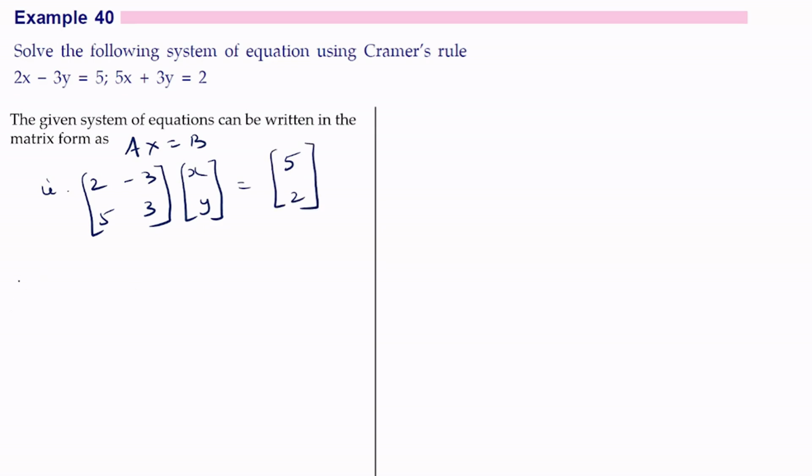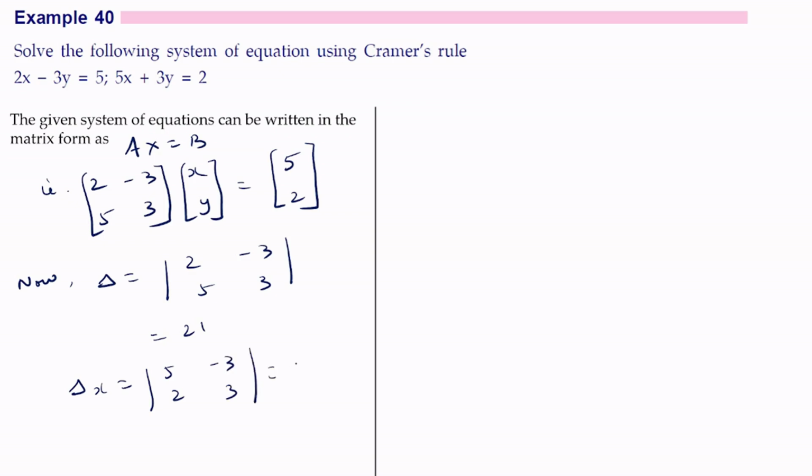Now let us find delta, delta x and delta y. Delta is the determinant of 2, minus 3, 5, 3. So it is 6 plus 15, which is 21. For delta x, we have to remove the coefficients of x, that is 2 and 5, and substitute the constants 5 and 2. So it is the determinant of 5, minus 3, 2, 3.